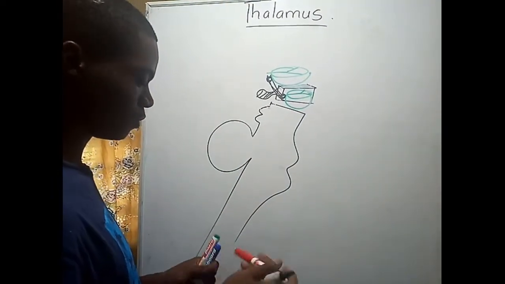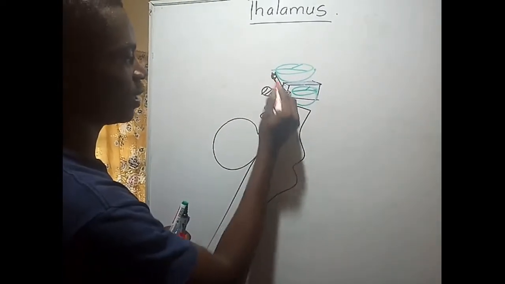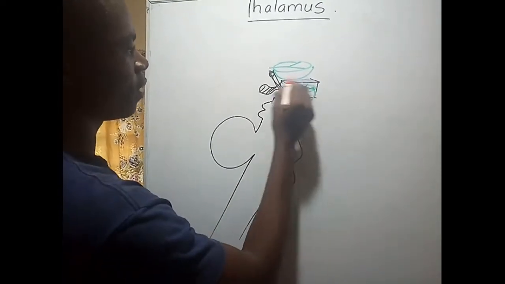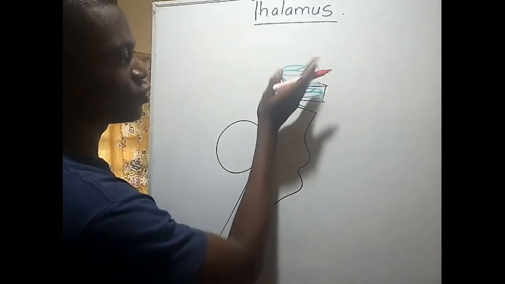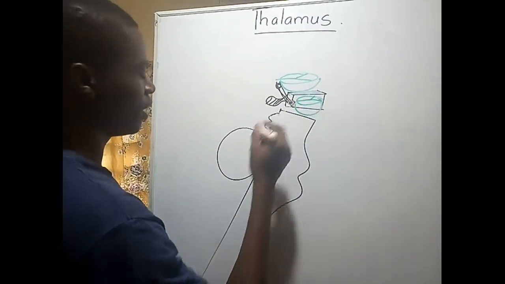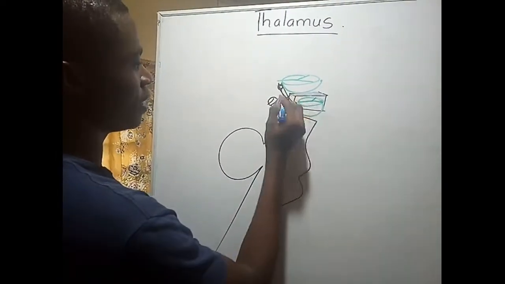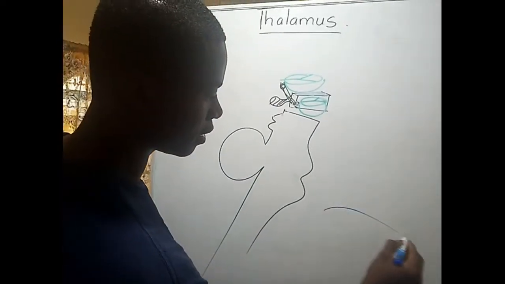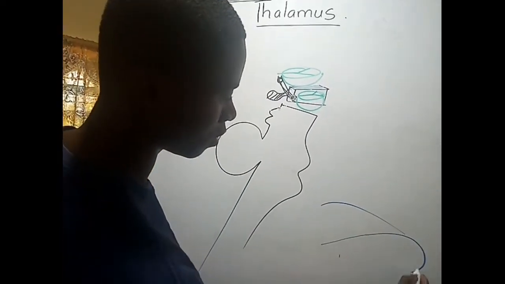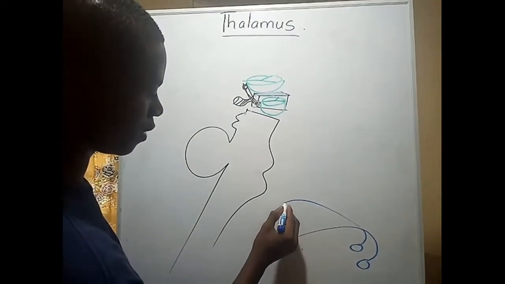Now, at the superior roof of the third ventricle, there is also another structure which I want us to take notice of. It looks like this.